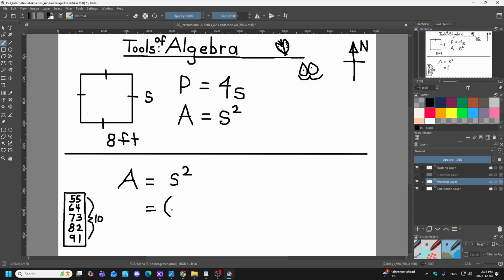Rounded brackets or parentheses. 8, close bracket. Again, I could go 8 times 8. It's the same result. Essentially, I would be getting rid of the exponent if we were following BEDMAS or PEDMAS rules. Or you go 8 squared.